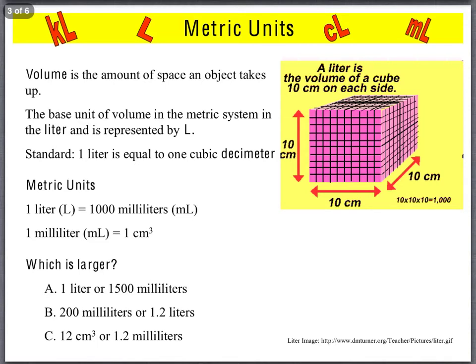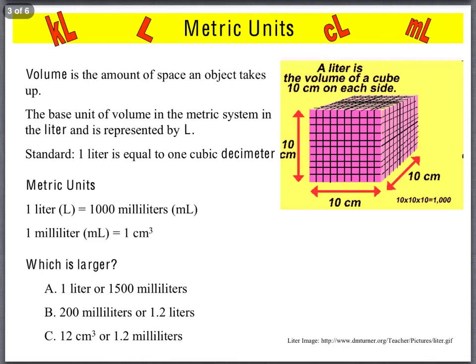So, what would be larger, a liter or 1,500 milliliters? Well, we just said that 1 liter is 1,000 milliliters, so 1,500 milliliters would be bigger. How about 200 milliliters or 1.2 liters? Well, 1.2 liters would be 1,200 milliliters, so of course that's much bigger than just 200 milliliters.